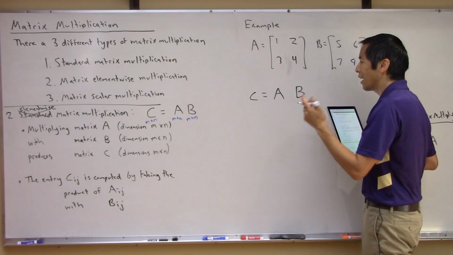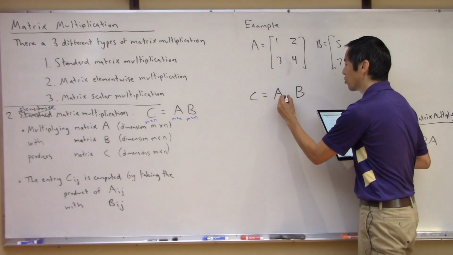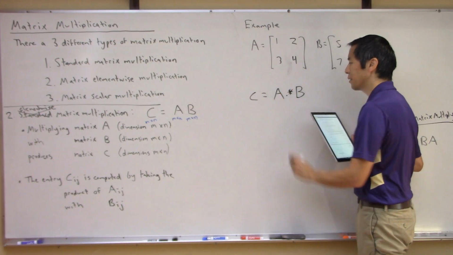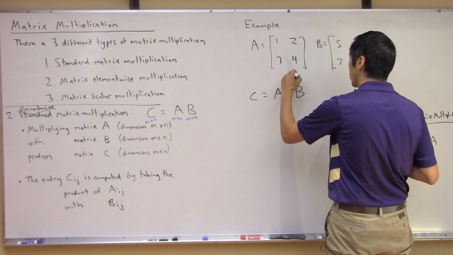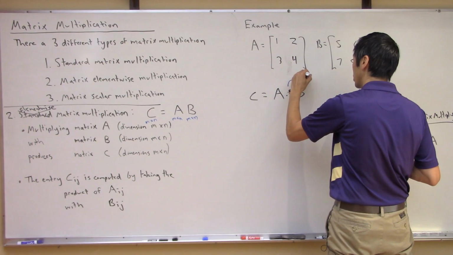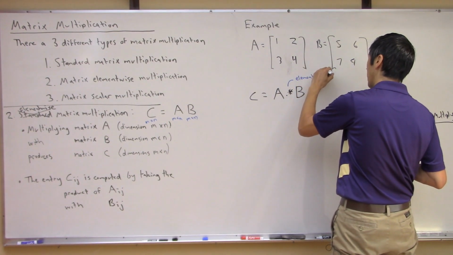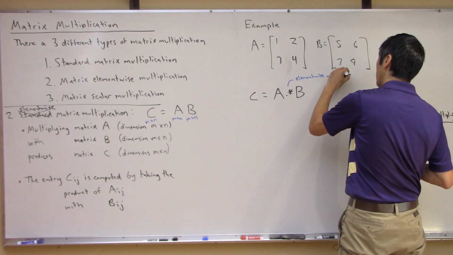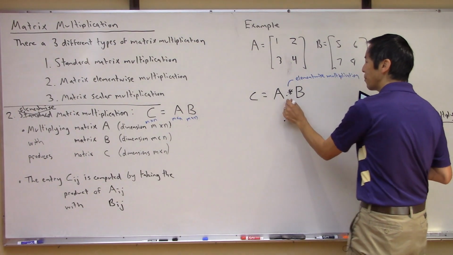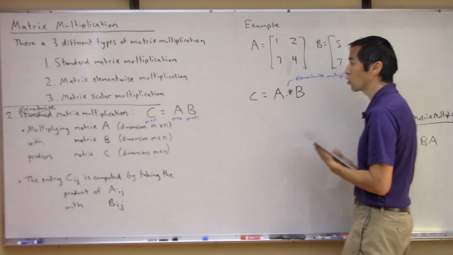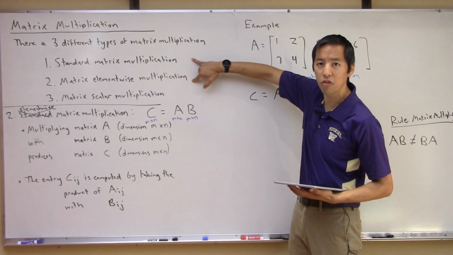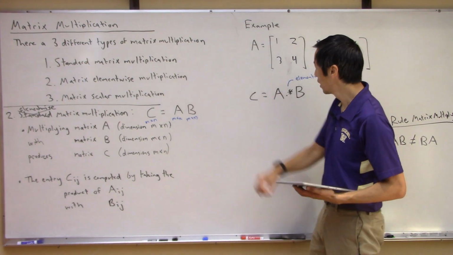So I'm going to write this as dot star, okay? What I'm trying to denote here is element-wise multiplication, okay? That's what I mean by this operator, and I need to do that to be explicit so that we know the difference between these two types of multiplication, right?